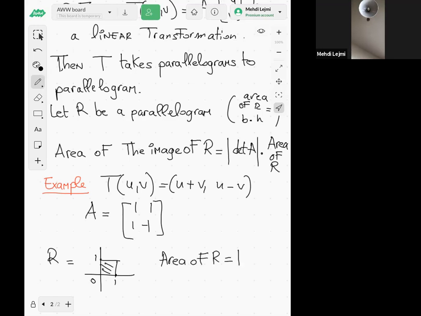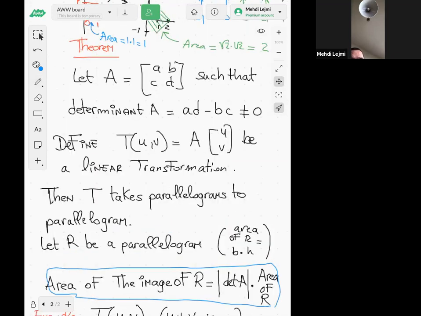Now, if you want to apply the formula here, the area of the image of R would be equal to the absolute value of the determinant of A times the area of R, right? The image of R, we said, would be this square here, the green one.